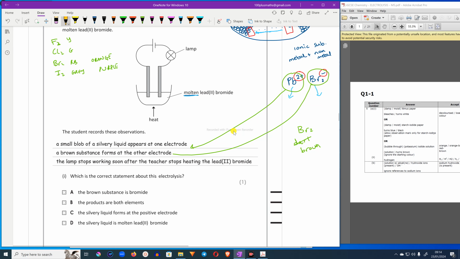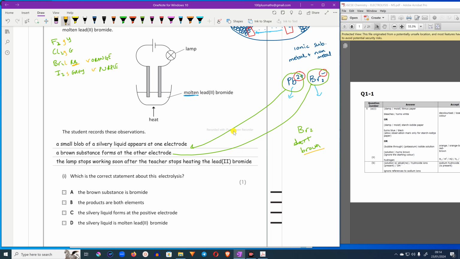So that is gas, gas, liquid, solid, vapor, vapor. So bromine we know as red brown, but you can write it down as brown.